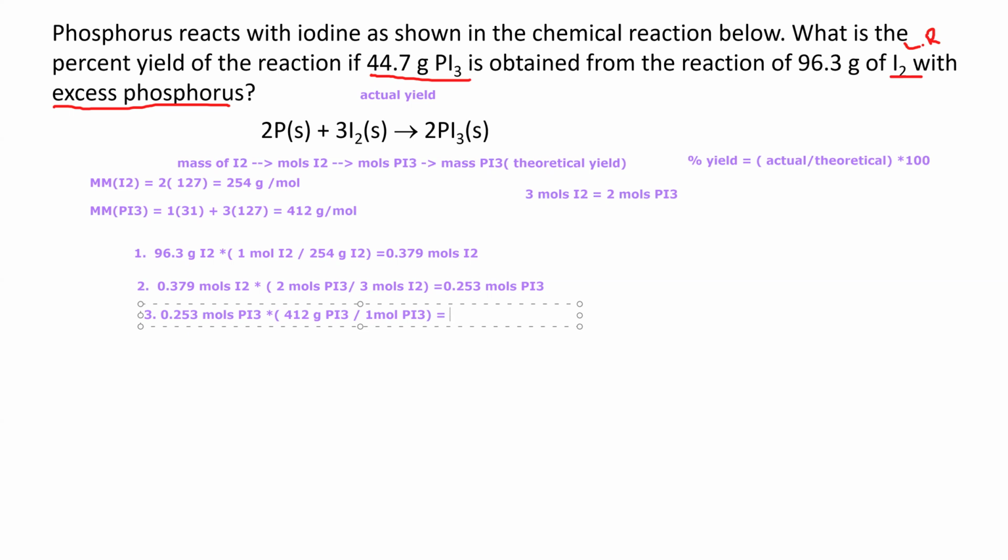And we get 104 grams of PI3. And again, this is the theoretical yield. So now we have the theoretical yield, we have the actual yield, we can calculate the percent yield.